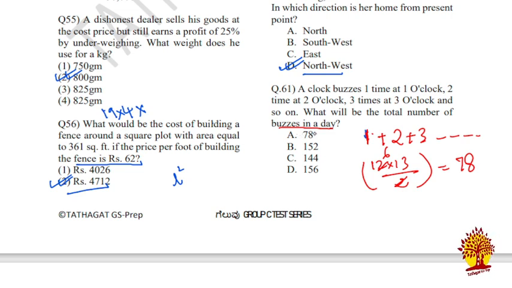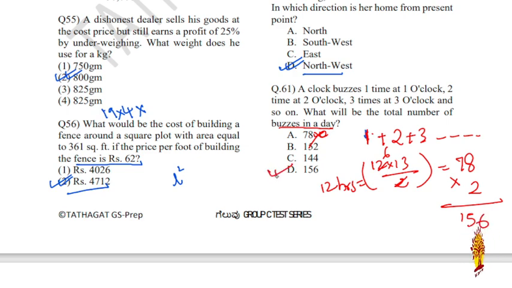They have given 78, but 78 is not right. Total day is 24 hours. So we have to multiply this by 2. We have calculated this only for 12 hours. Remaining 12 hours we can multiply by 2. You will get answer as option C, 156. 78 into 2, 156 is the right answer.